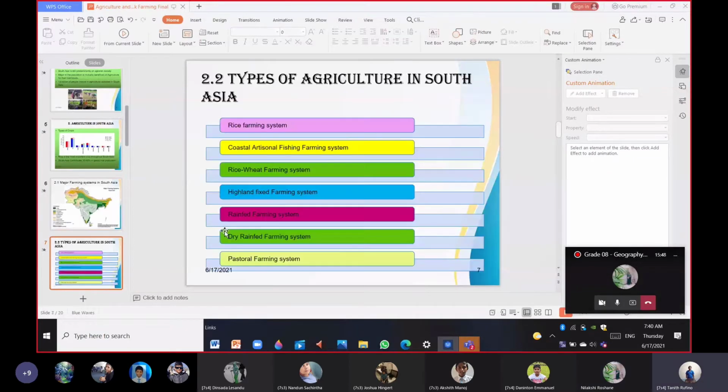So we'll discuss the types of agriculture in South Asia, namely rice farming system, coastal artisanal fishing farming system, rice wheat farming system, highland mixed farming system, rain-fed mixed farming system, dry rain-fed farming system, and finally pastoral farming system.